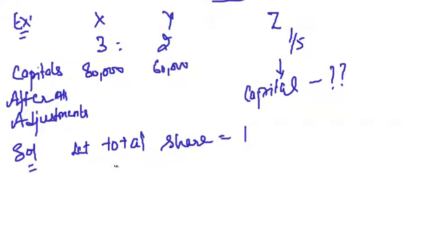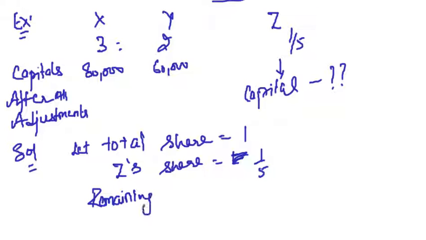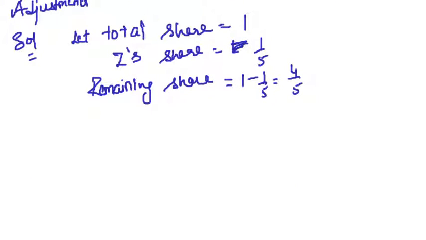Out of this 1, Z's share is 1/5. What is the remaining share? Out of 1 rupee you are giving 1/5 to Z, so 4/5 remains. This 4/5 share belongs to the old partners. Who are the old partners? X and Y.